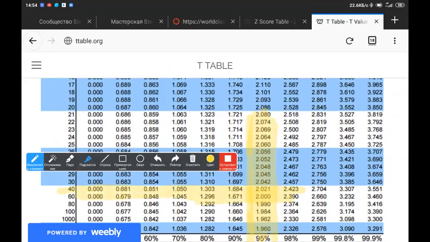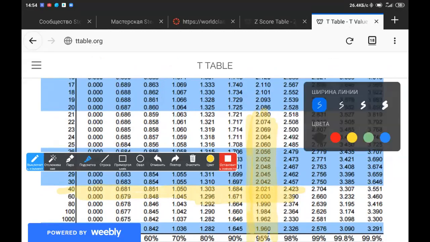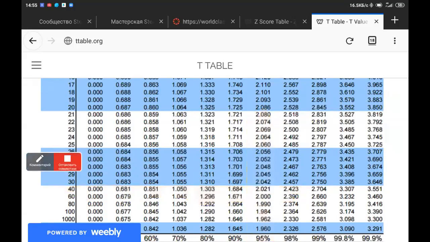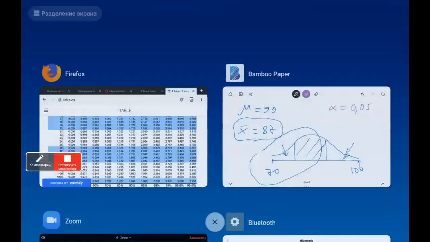So 2.021 and exactly 2. The average of these two will be 2.0105. So that will be our critical value for 5% significance. Now let's go back.